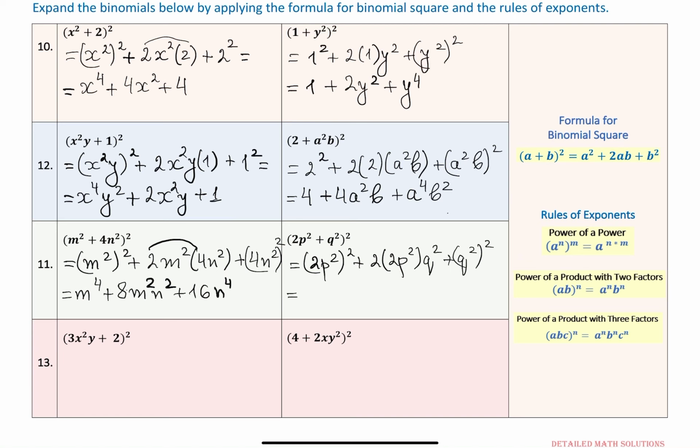Now again we distribute the exponent using the rule of exponent for power of a product with two factors. 2² is 4, (p²)² is p⁴, + 4 times p²q² + (q²)² is q⁴.